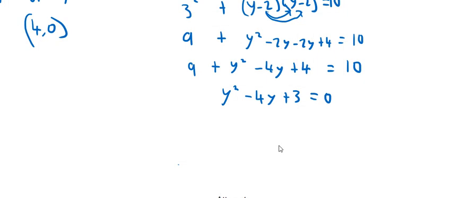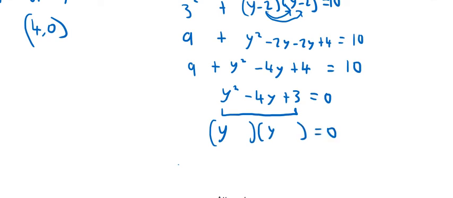To factorize this quadratic on the left hand side, you must find two numbers that multiply to give you 3 and sum to give you minus 4. So (y )(y ) = 0.